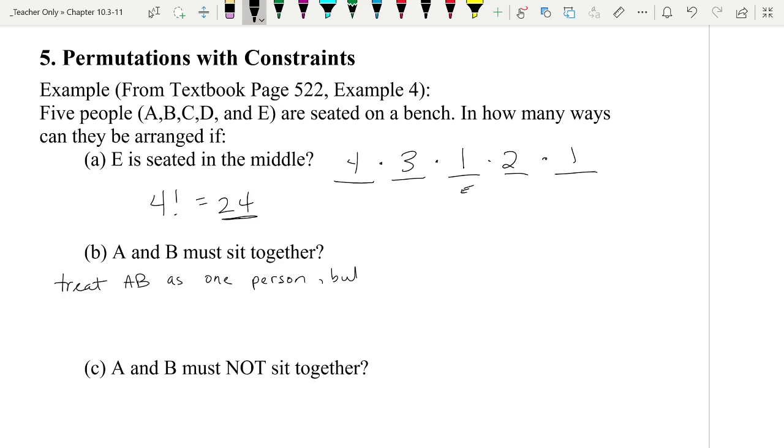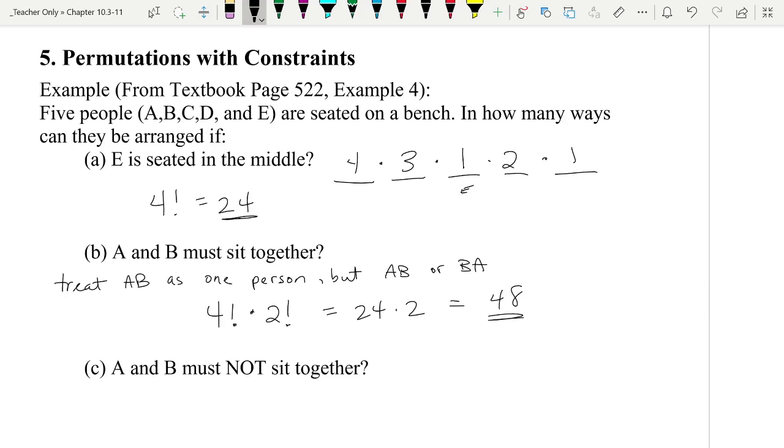But AB or BA. So notice, that's like saying how many ways can I arrange 4 people, but then I can switch on each of those choices, AB with BA, and that's going to be 24 times 2, which is 48.